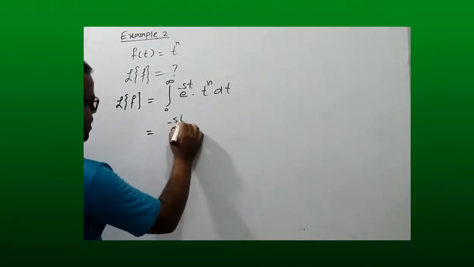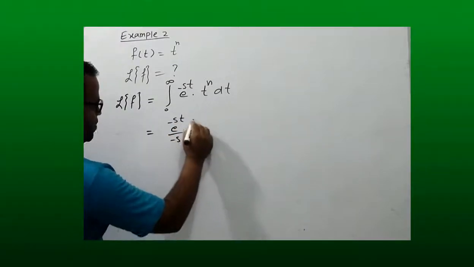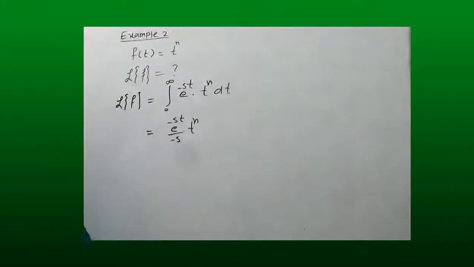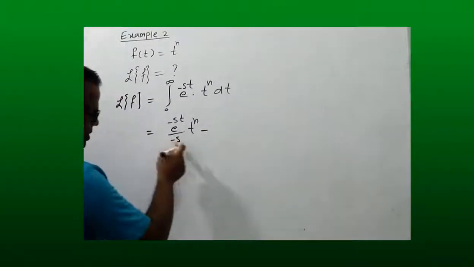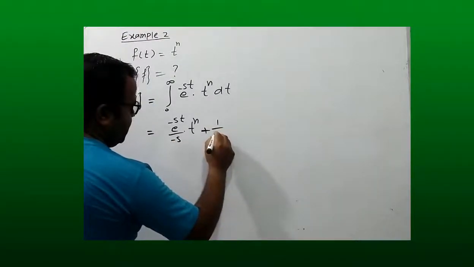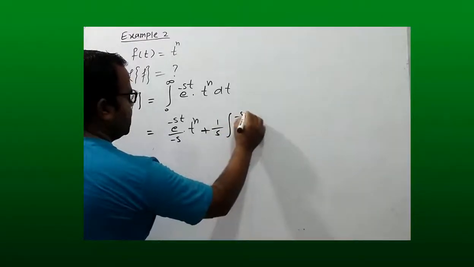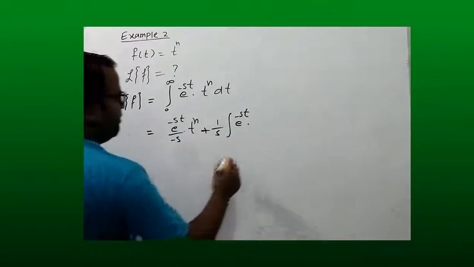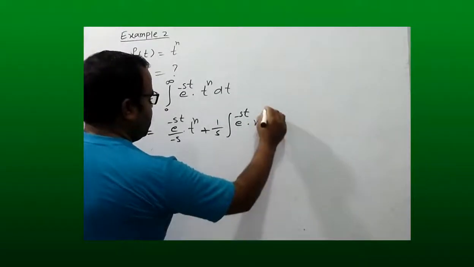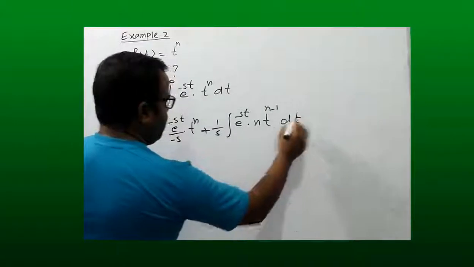we take e raised to the power minus st, integrated, which gives e raised to the power minus st over minus s, times t raised to the power n, and minus, this one is minus and minus 1 over s, e raised to the power minus st, and the derivative of t raised to the power n, which is n t raised to the power n minus 1, dt.